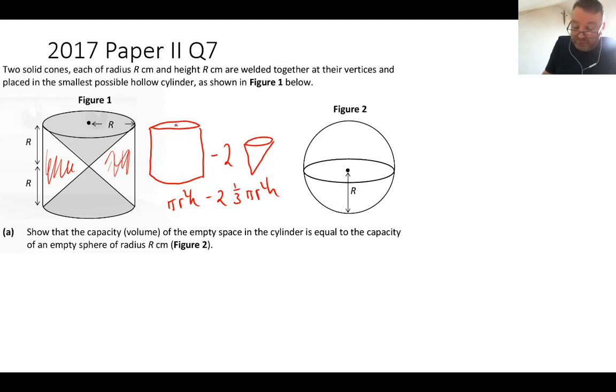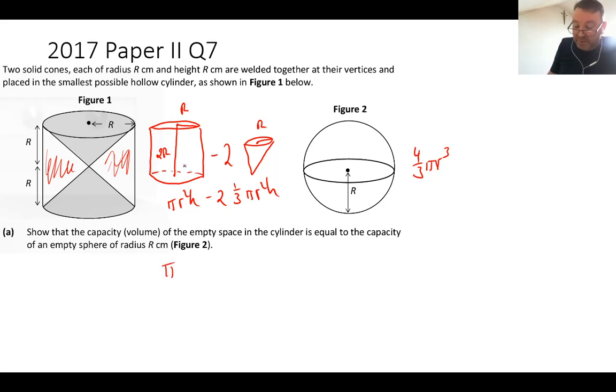Now, first of all, what is the radius? It's r. What is the height? So don't forget, the height we're told already is 2r. And here, the radius of that is r. And I want to prove that when I do that, all of that is equal to 4 over 3 pi r cubed. So, pi r squared h, let's take it down here.